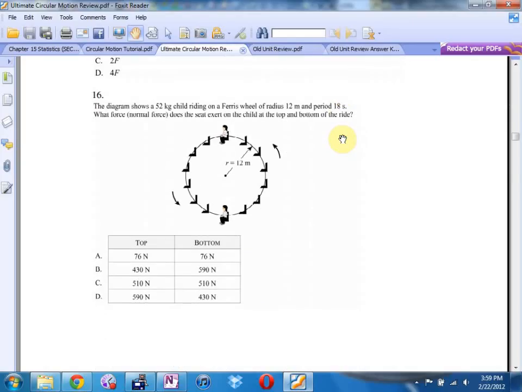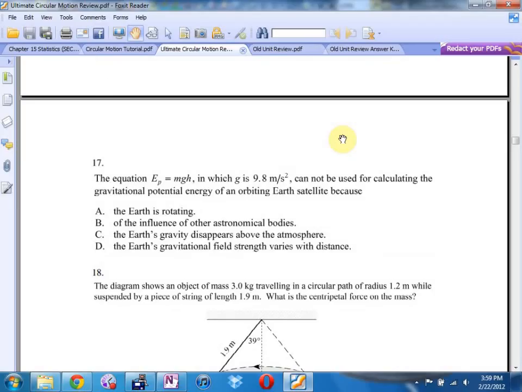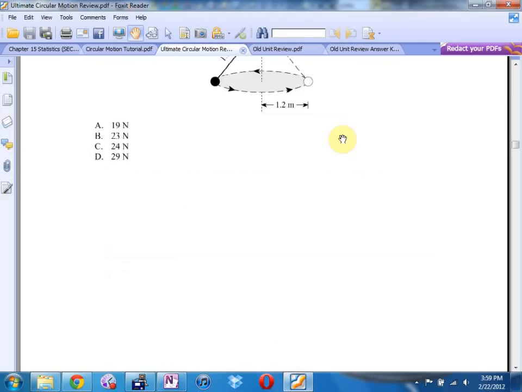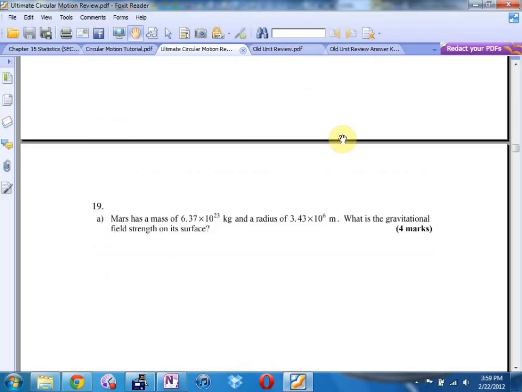Something like 16, something along the Ferris wheel type of a question. Sure, 19.